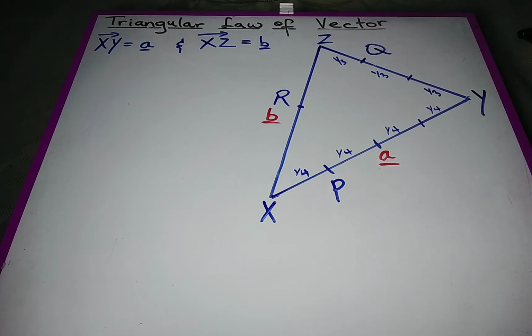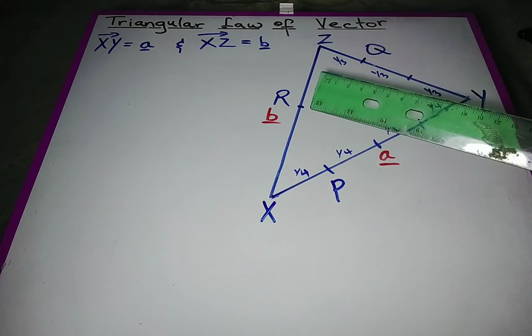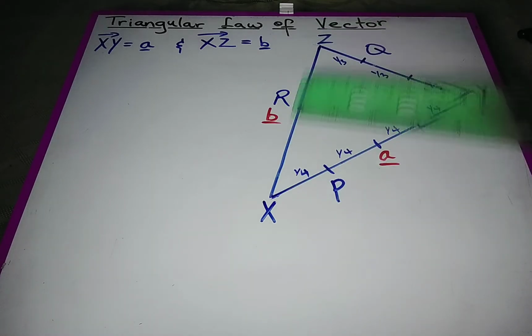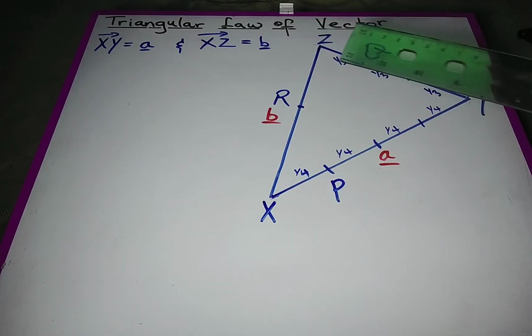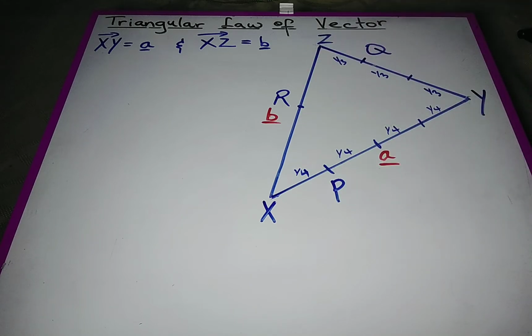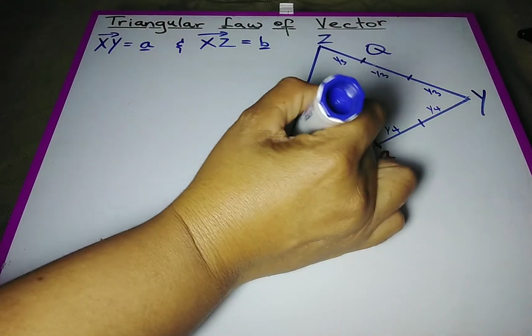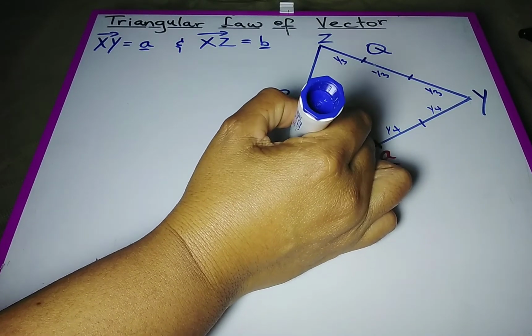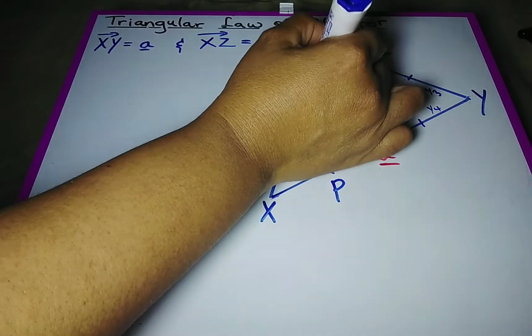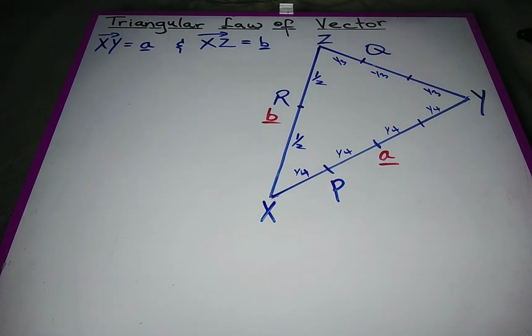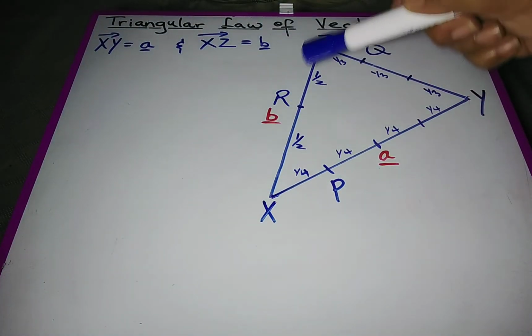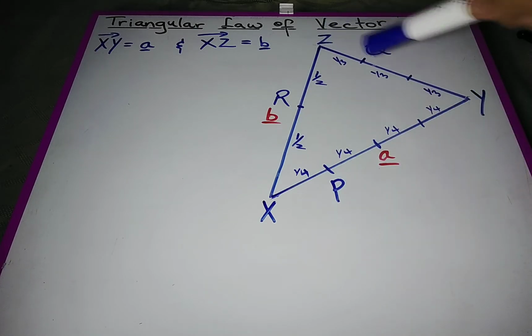And then last but not least, it says R, which is right here, lies on XZ such that RX is a half ZX. So I'm going to write in half. Right here is a half, and right here is a half. So it's divided into 2. This line is divided into 2, this into 4, and this into 3.